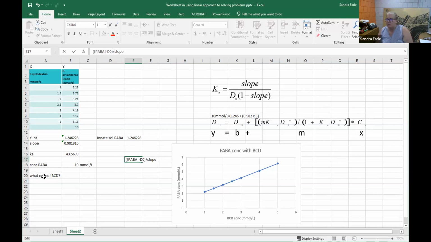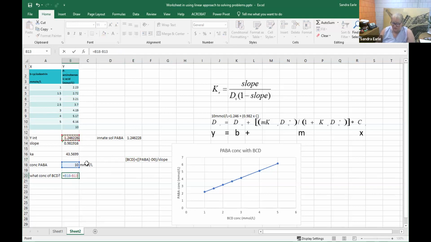So what concentration of BCD we need? So the concentration of BCD is going to be equal to the PABA concentration, which is 10, minus the innate solubility, which is this number here or this one.